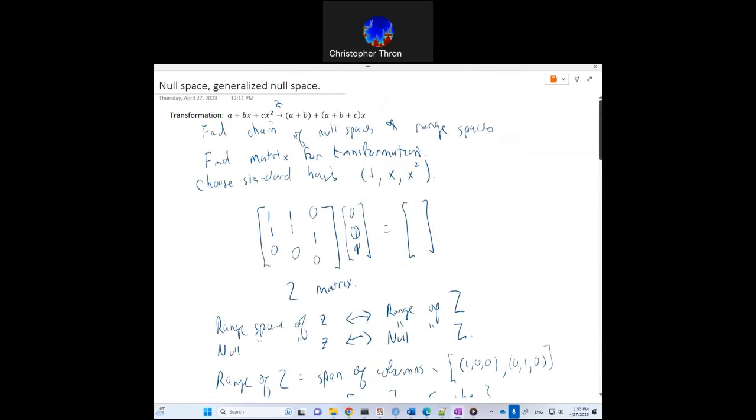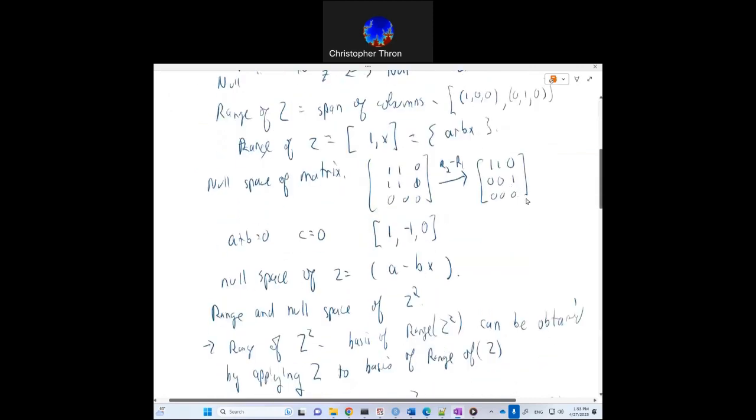The range of a matrix is the span of the columns. Then this new thing: if I want to find the range of the matrix squared, I simply apply the matrix to a basis of the range. If I want to find the null space, I simply solve the equation z times v equals a basis vector in the null space of z.